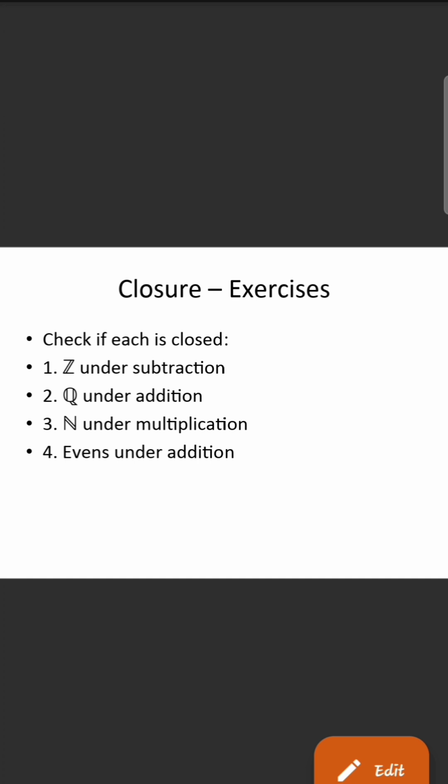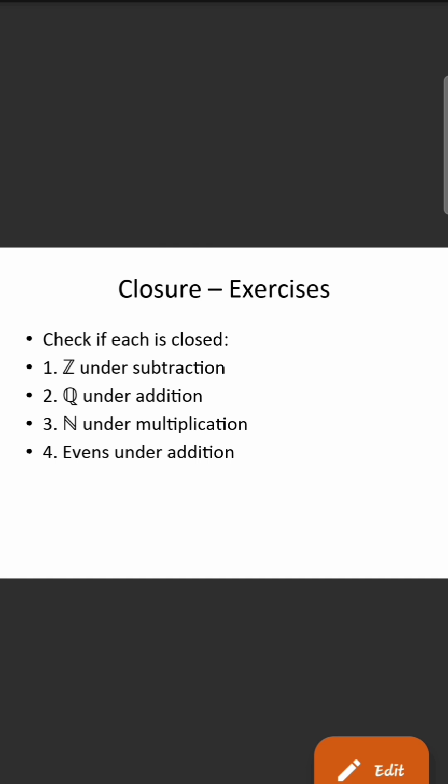You should test whether integers are closed under subtraction, whether irrational numbers are closed under addition, whether natural numbers are closed under multiplication, and whether even numbers are closed under addition. That means if you add two even numbers together, will you still get even numbers? If you can still get an even number, that means it is closed.